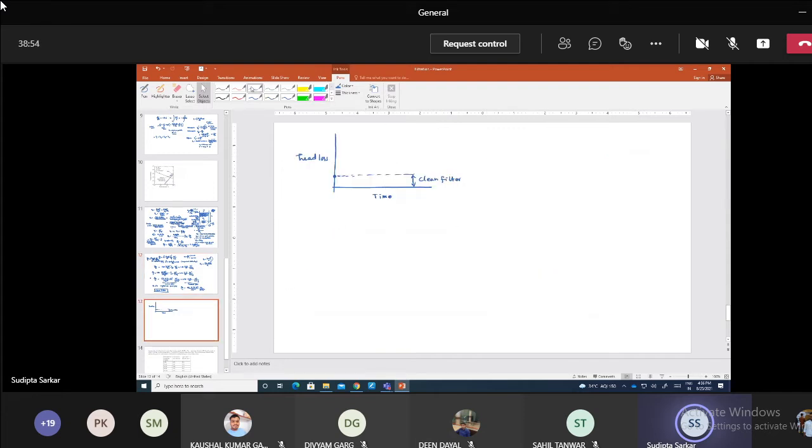As you run this filter, the particles start accumulating, and the head loss rises like this over time. If you are driving the water, this is the available head. The flow rate decreases, and you have to stop when the head loss is equal to the available head.